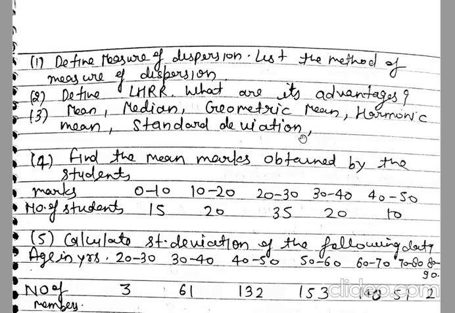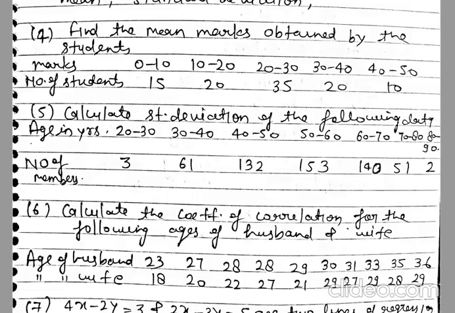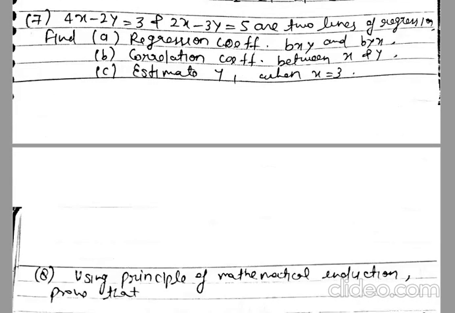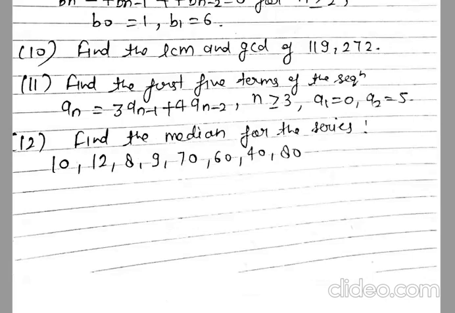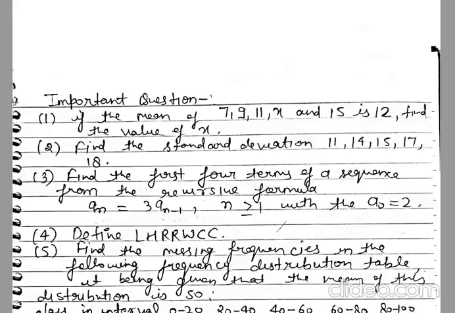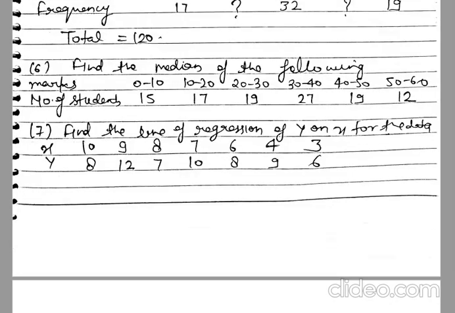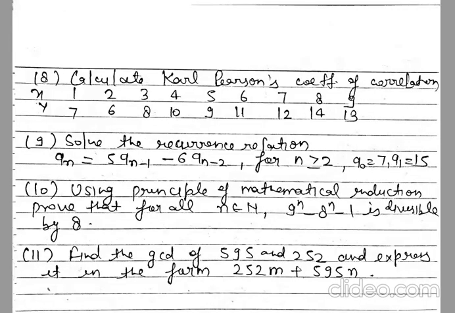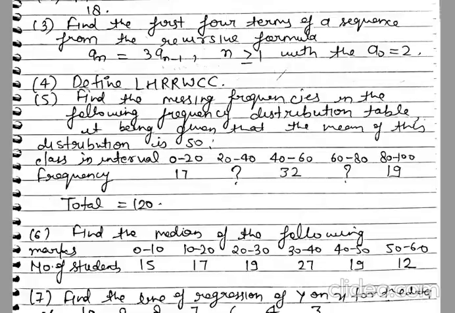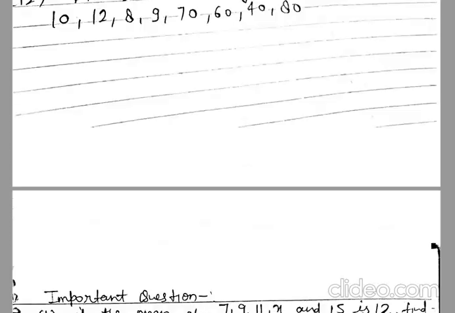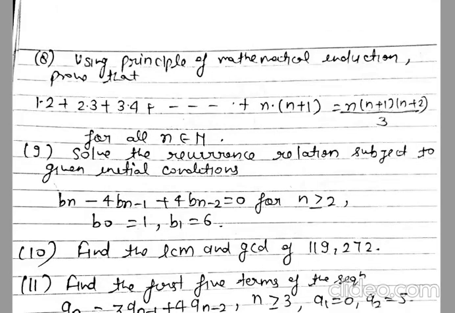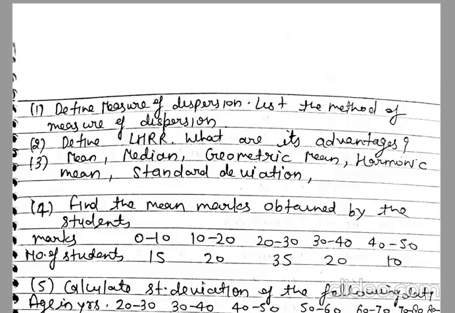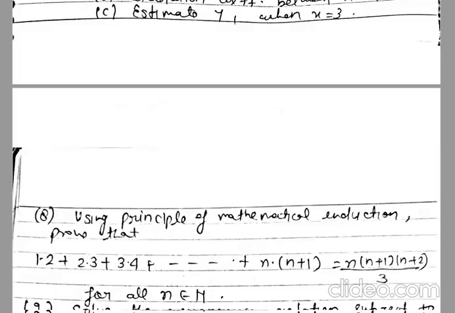You can see there are a total of 12 questions here, and also more questions here, so there are a total of 11 here. So 12 plus 11, total 23. So guys, prepare these 23 questions because all of these questions are coming back to back in your final semester exam. So prepare all these questions, right?